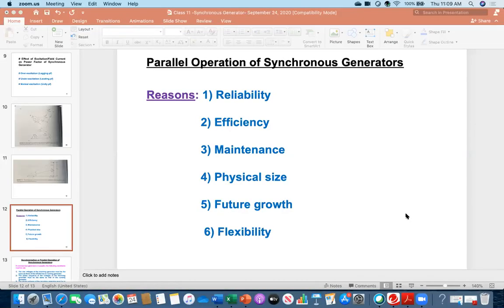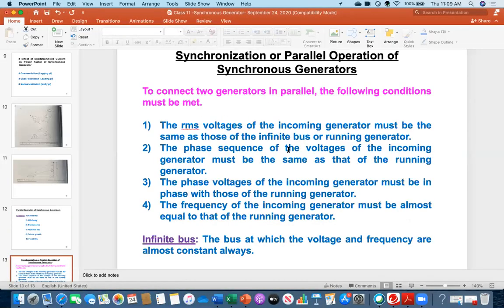In a minute I will release you, I think you have the next class. You see, here I have written something. To connect generators in parallel, the following conditions must be met. You have to meet these 4 conditions.